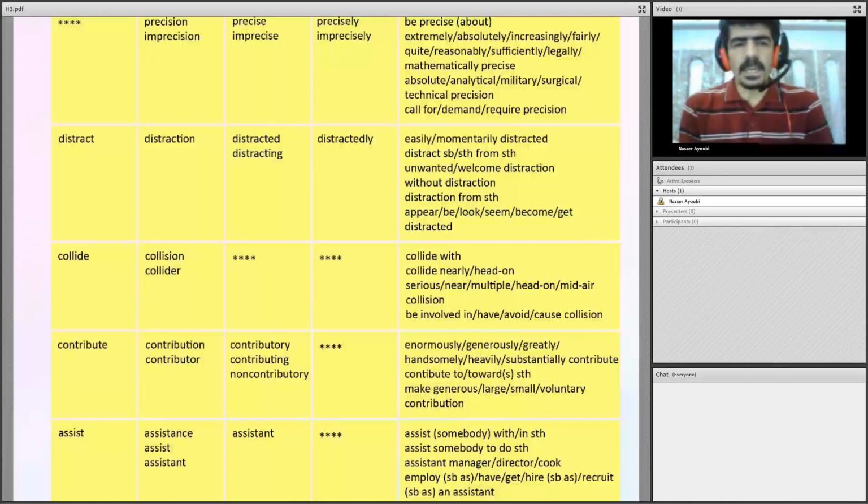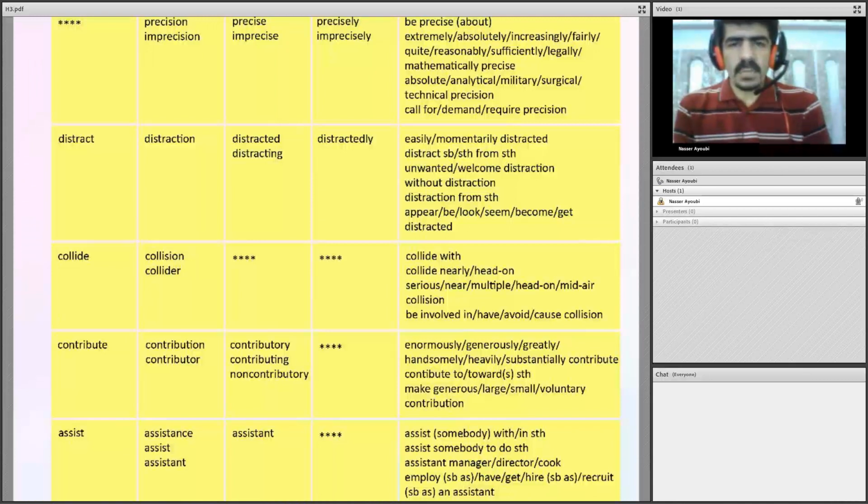Someone who is distracted is anxious and unable to think clearly. Collocations. Easily distracted, momentarily distracted. Momentarily means for a very short time, briefly, you know.